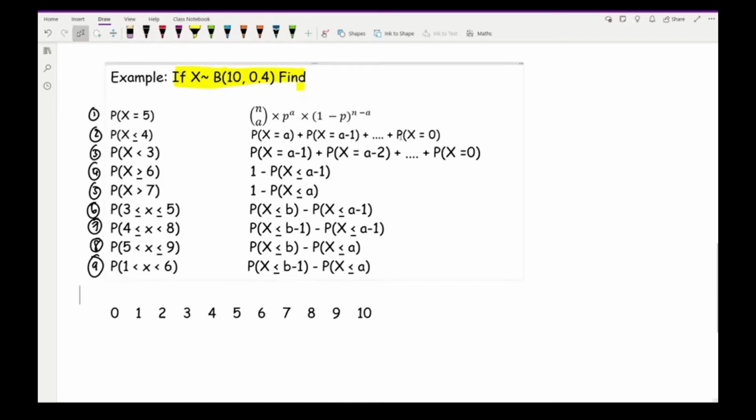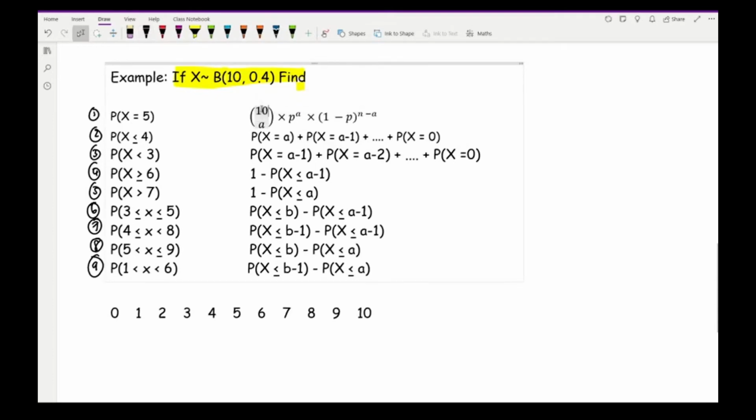So here our n is going to be 10 and our a is going to be 5. Our p is going to be 0.4 to the power of how many successes we want, which is 5, and this is going to be 0.6 to the power of 5. Like so, we bung that straight into our calculator, job done.